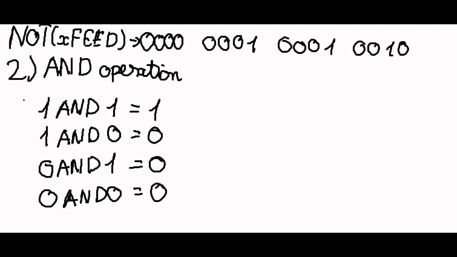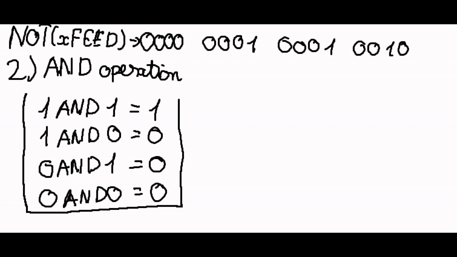Now I kind of just understand this as: if they are the same number, they equal that number. 1 and 1, they're the same number, so they equal 1. 1 and 0, they're not the same, so they don't result in anything, which is 0. 0 and 0, they're the same numbers, so they equal 0.